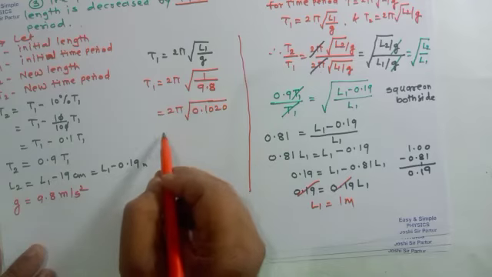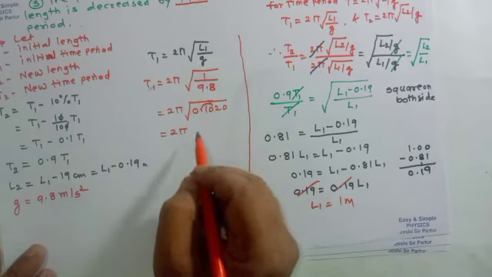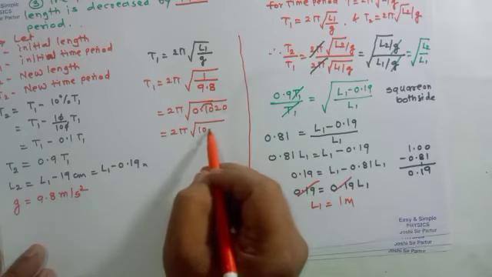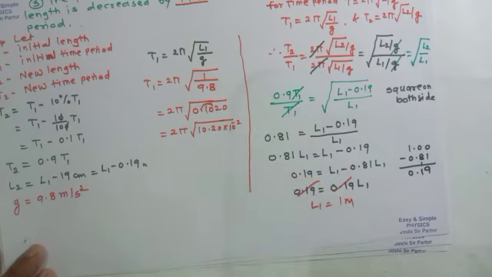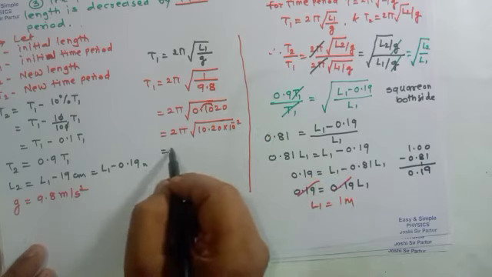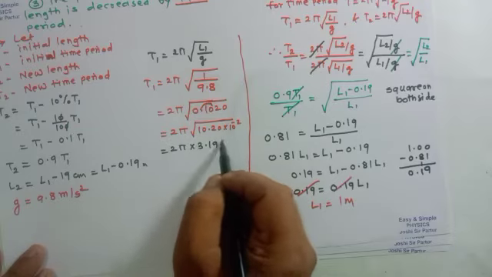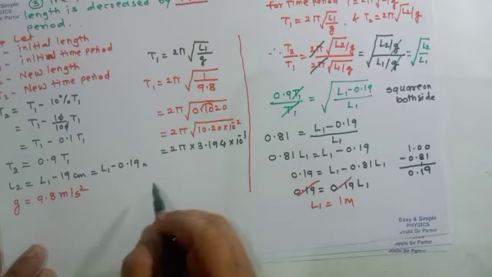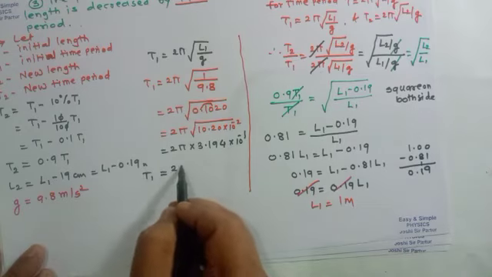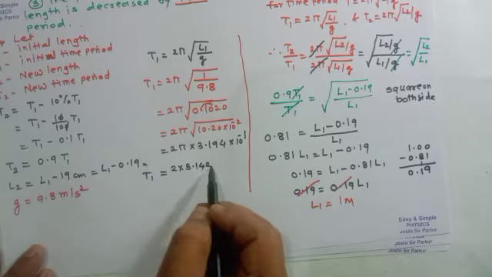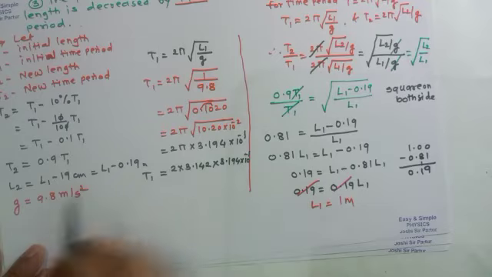For the square root we can shift the decimal point, square root of 10.20 into 10 raised to minus 2. Its square root will be 2 pi multiplied by 3.194 into 10 raised to minus 1. By putting the value of pi, 2 multiplied by 3.142 multiplied by 3.194 into 10 raised to minus 1.